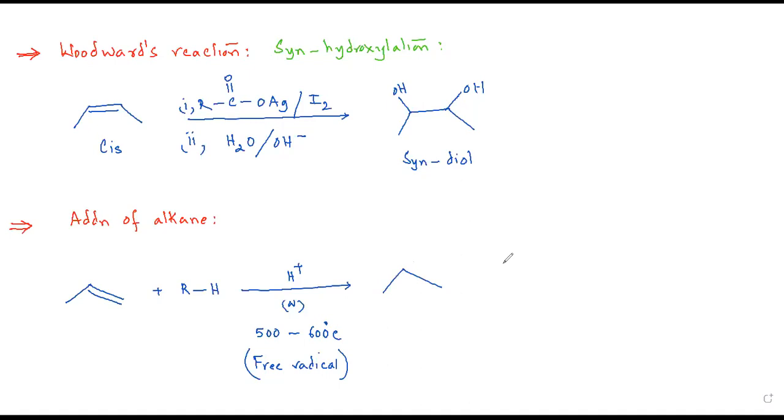It's either you can take R, see in the presence of H plus, it will be like R plus and H minus. The addition of R plus and H minus according to Markovnikov. You can go this way, or else even follow a free radical mechanism. Okay, so here we get R, because this is where we have added H minus.